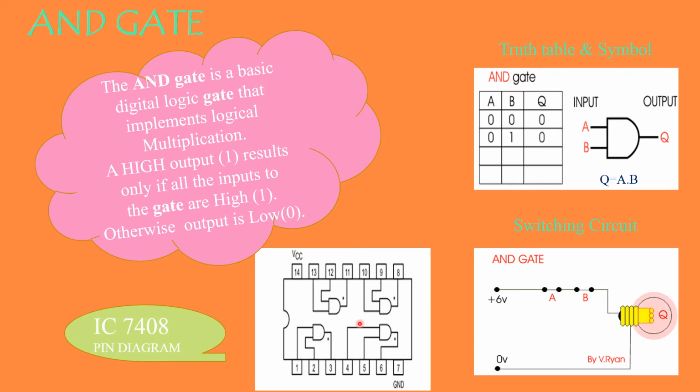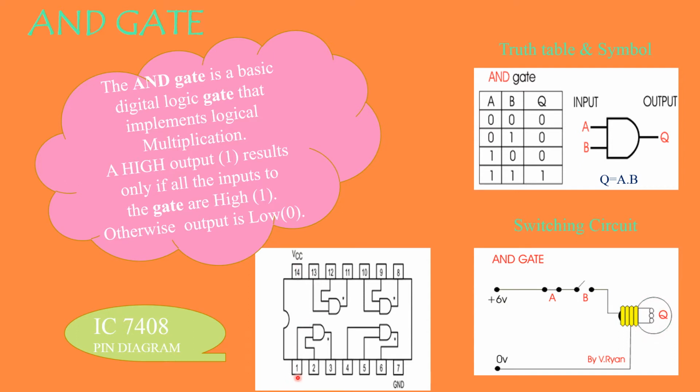So look at the pin diagram of IC 7408. Within one single IC, I have 4 gates enclosed. Always remember your 7th pin is going to be ground and your 14th pin is going to be the positive of your supply.